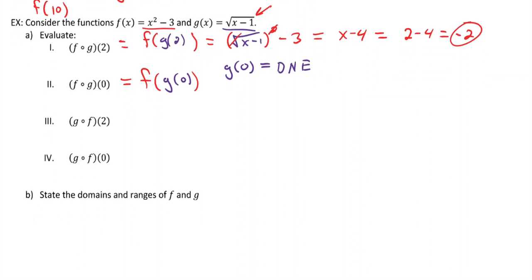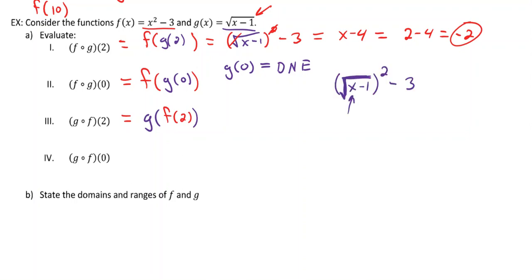So the next one here is going to be g of f of 2. What if we use the first method in the second question? You'd end up with the same thing.